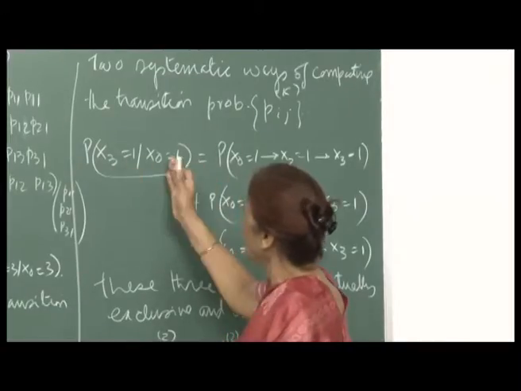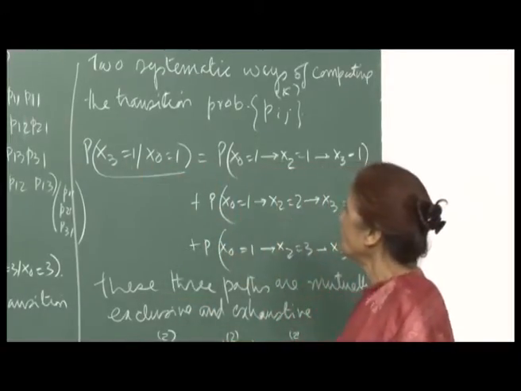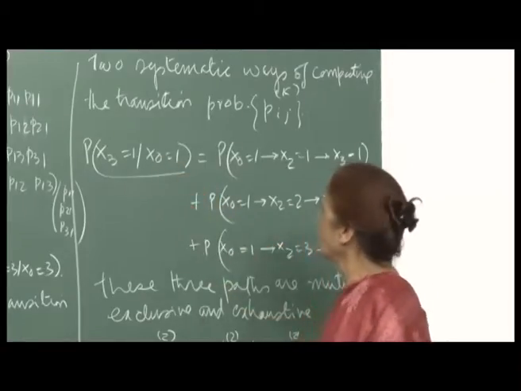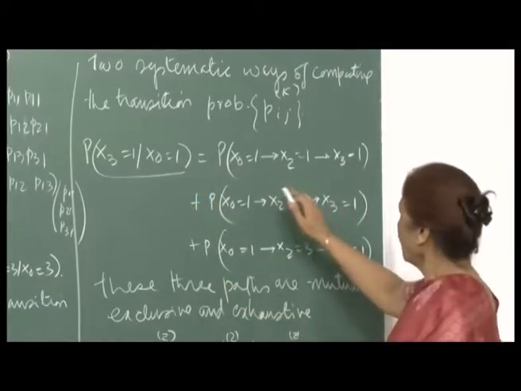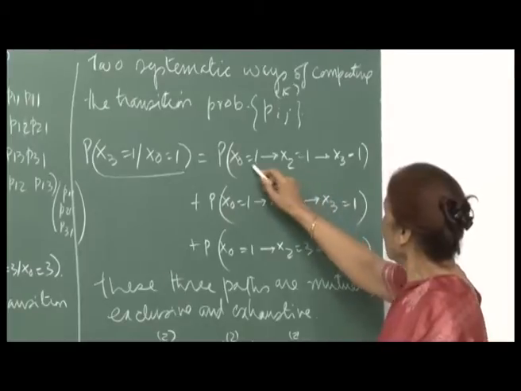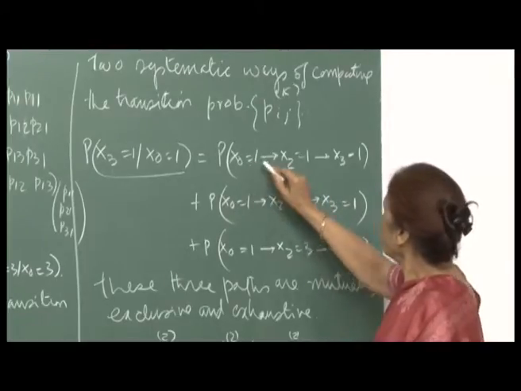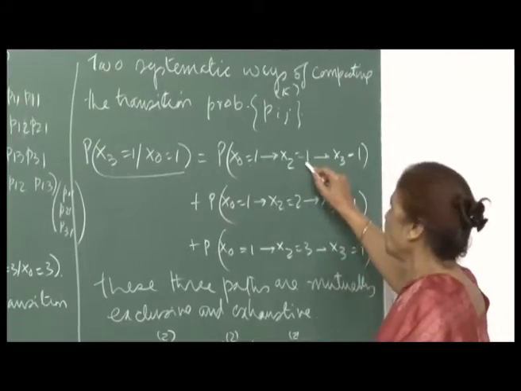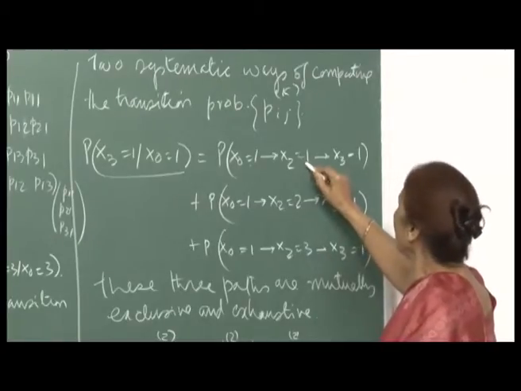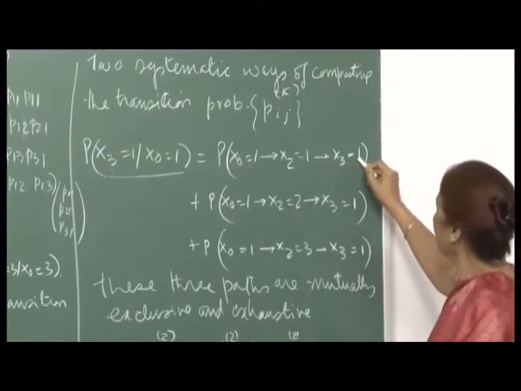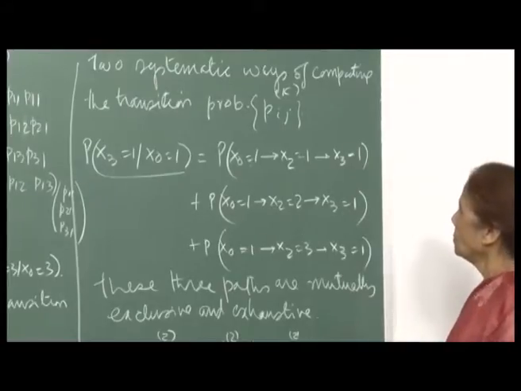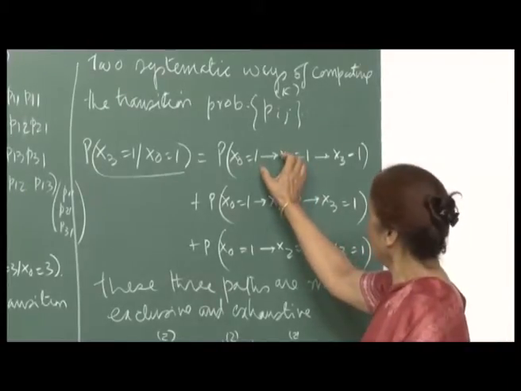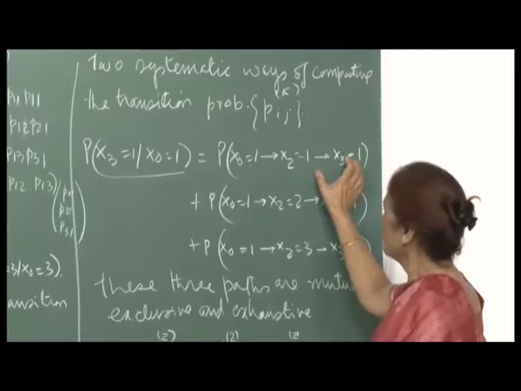So, suppose now in 3 steps you want to transition from 1 to 1. Okay. So, this again I can break up like this: starting with 1, in 2 steps you are in state 1, and then you will be transitioning again to 1, right. So, this is your 2 step transition probability, and then this is your 1 step.